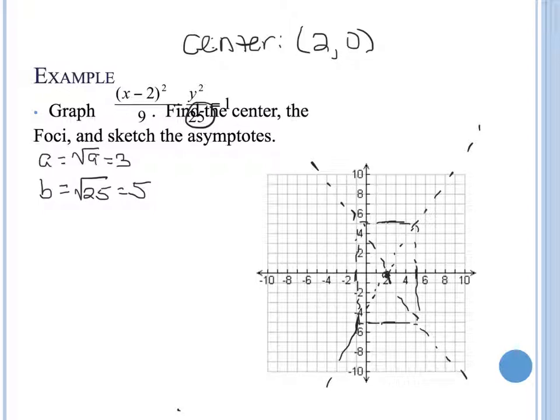As I look at my original equation, I have an x squared, so this is opening horizontal, and the vertex is going to be on the x-axis. And I can use my asymptotes as guidelines.